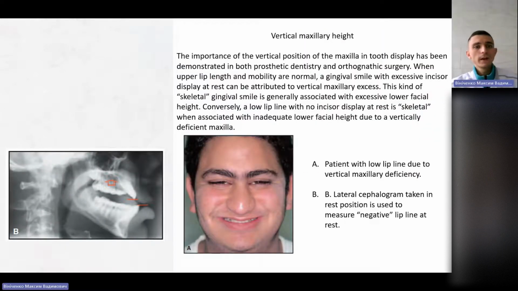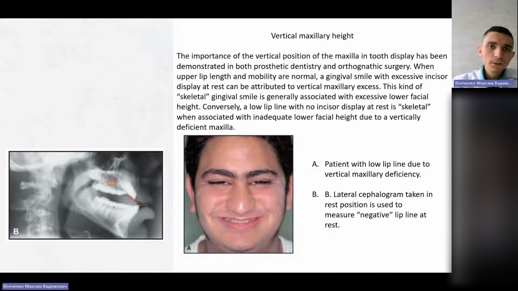Vertical maxillary height. The importance of the vertical position of the maxilla in tooth display has been demonstrated in both prosthetic dentistry and orthodontic surgery. When upper lip length and mobility are normal, a gingival smile with excessive incisor display at rest can be attributed to vertical maxillary excess. This kind of skeletal gingival smile is generally associated with excessive lower facial height.